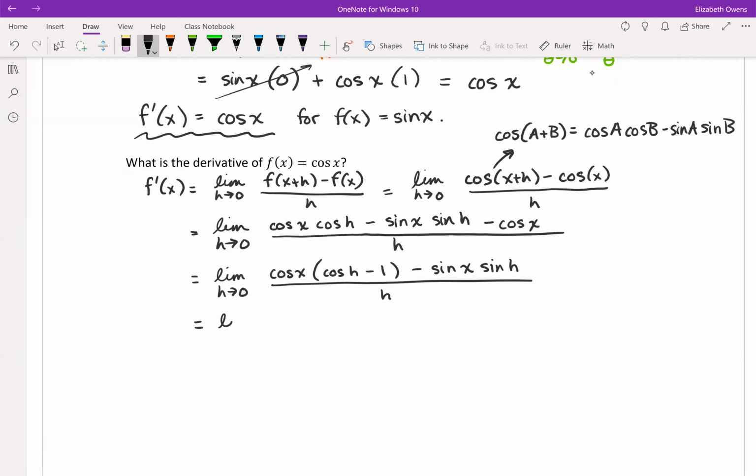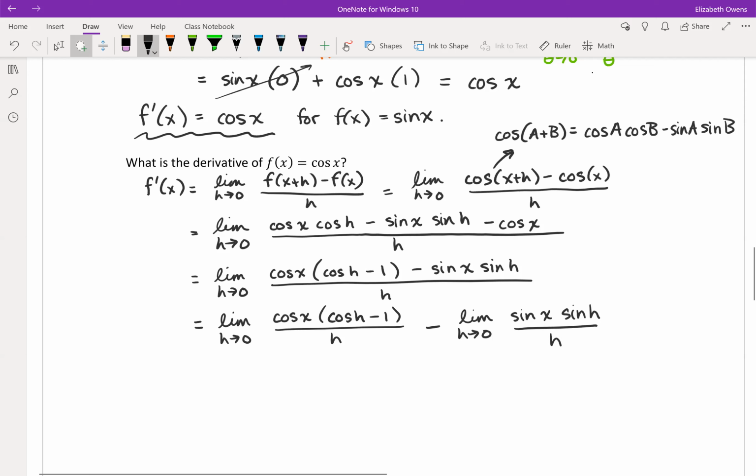And following that familiar pattern from the previous video, we're going to split this into two different fractions. Cosine x, cosine h minus 1 over h, minus the limit as h approaches 0 of sine x sine h over h. So I actually did two steps in one there.